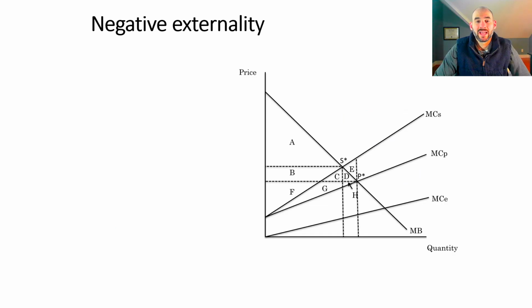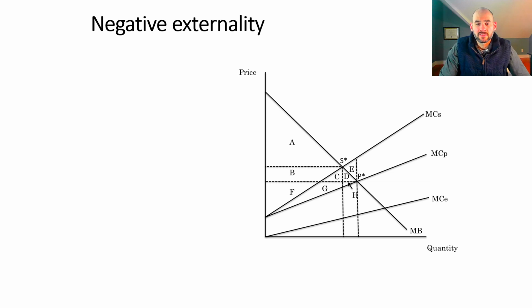Okay, so let's take a look now at how we can illustrate consumer surplus and producer surplus more exhaustively on a supply and demand graph when there's a negative externality. We have a variety of curves here, which I guess it would help to better explain.